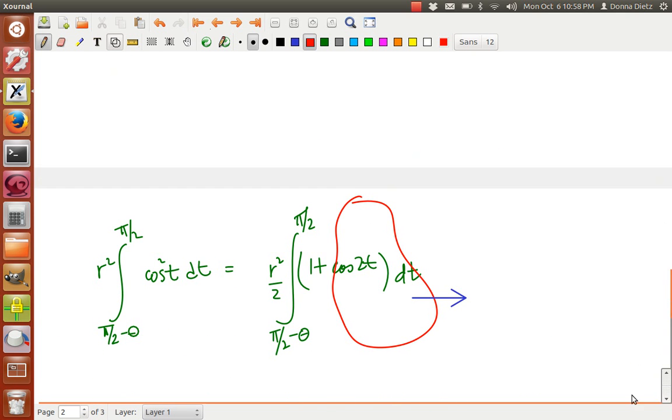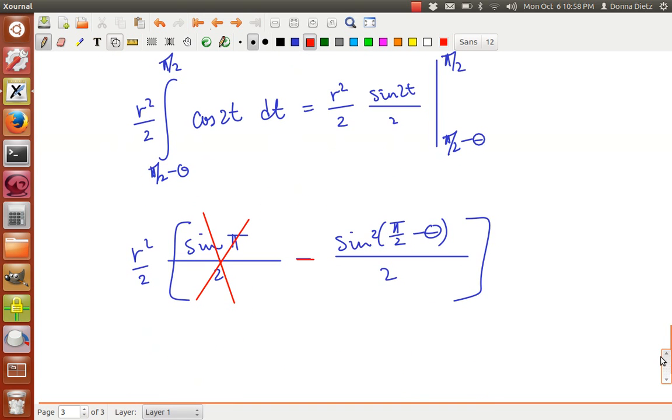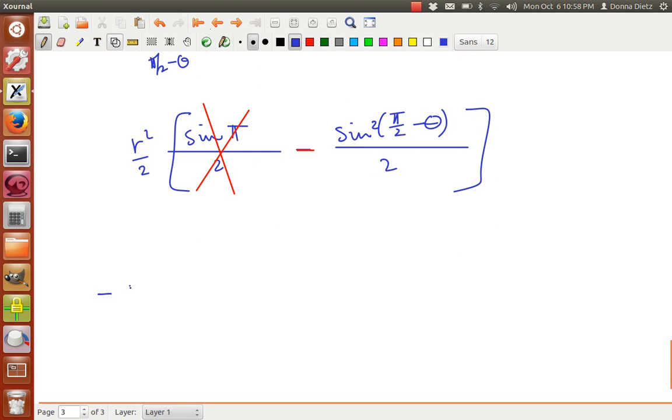So it's looking promising. We've got our r squared over 2 and our minus sign, and so we're almost good to go. What we have at this point is minus r squared over 2, but then we have sine of 2 mess over 2.